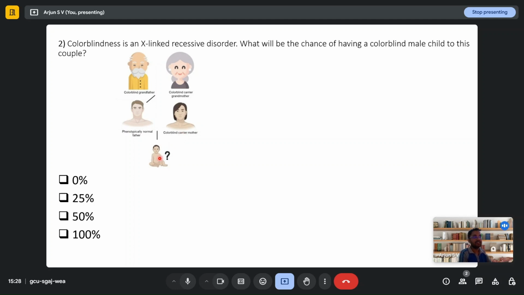What is the chance of having a colorblind male child to this couple?